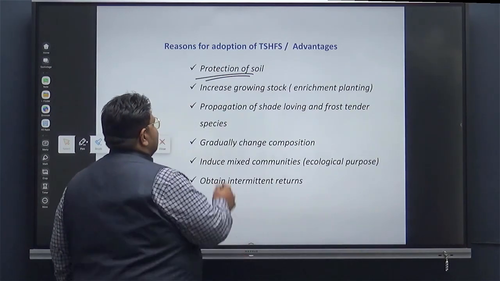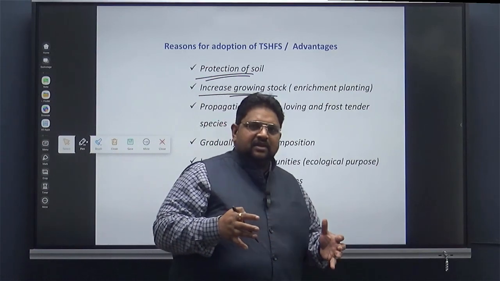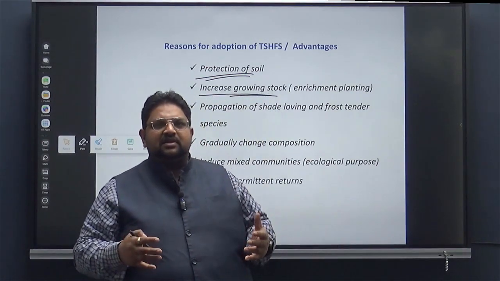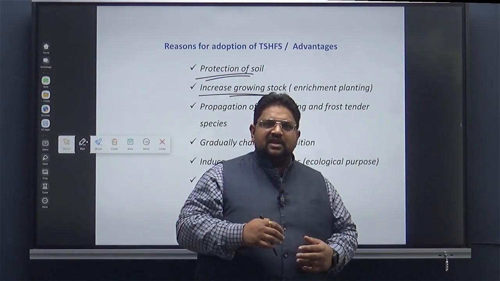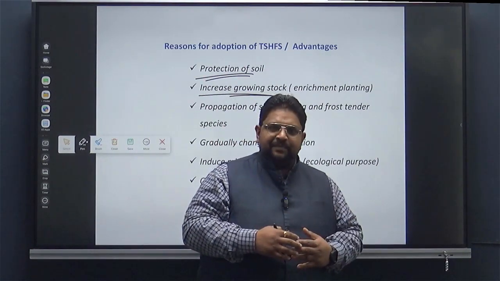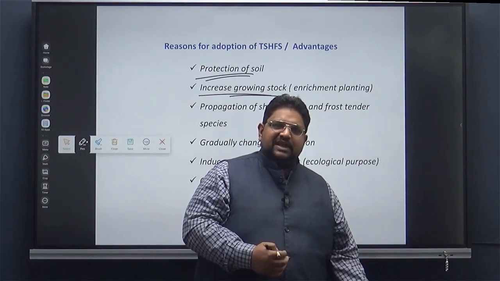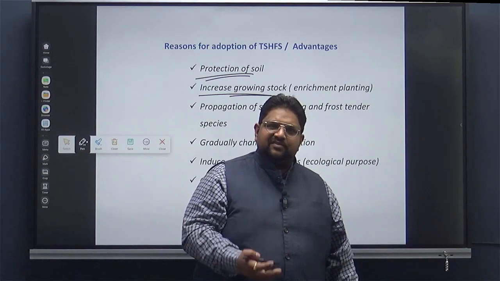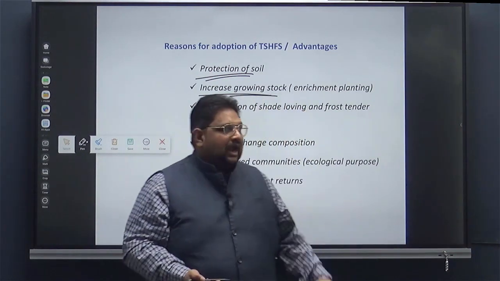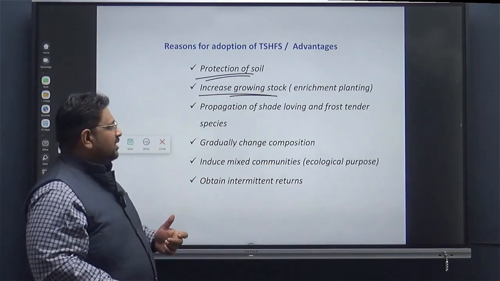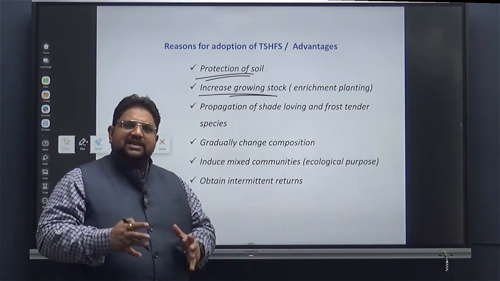Then there will be an increase in the growing stock. The stand can be denser, because these will be in different tiers and the canopies will not compete with each other, so there is no problem with the spacing. Even below the ground, the earlier trees will have deeper roots and the second species will have shallow roots, so there will be no competition for nutrition and water, and they will survive in that condition too.